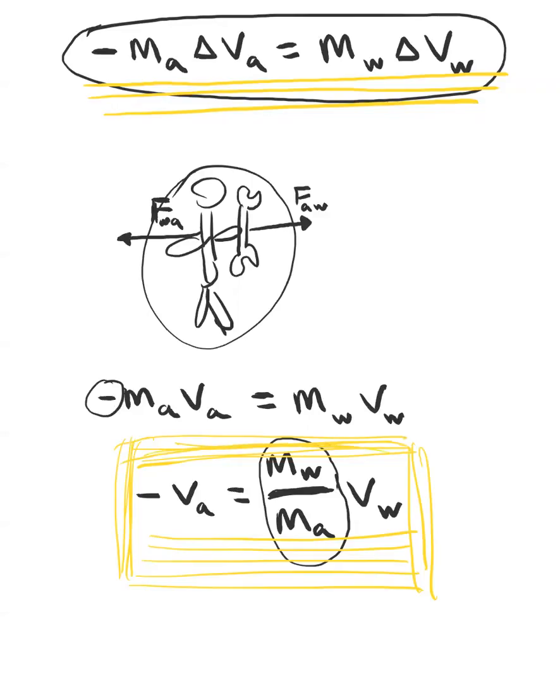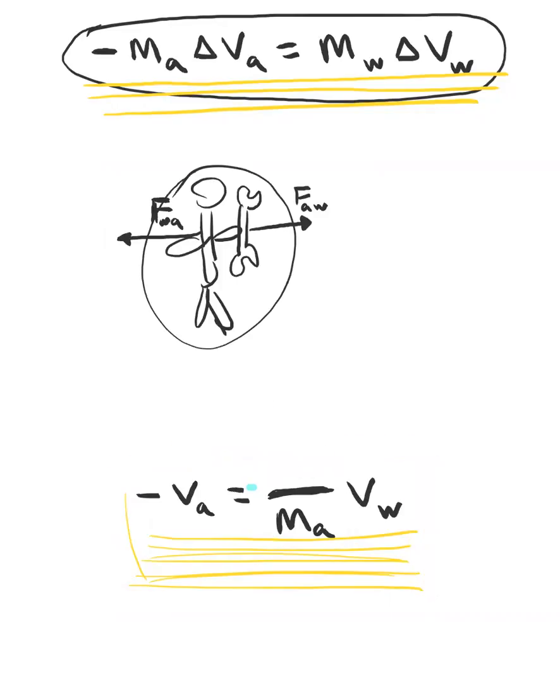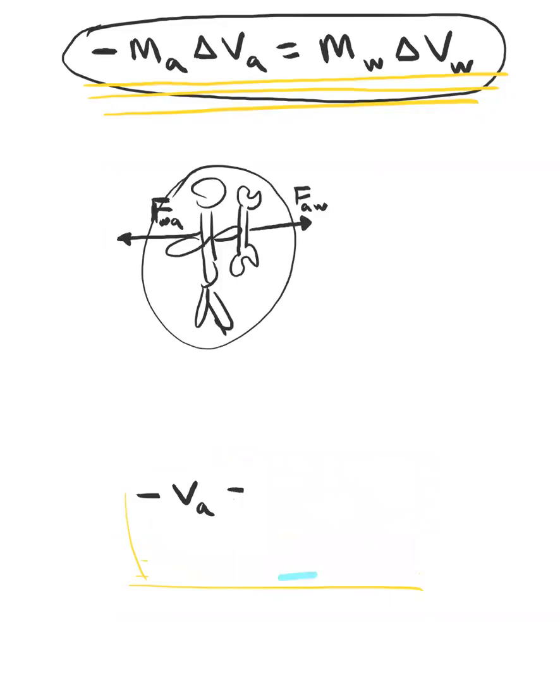And that's why this result is very, very important. This result is pretty general, and it works for any interaction and any force as long as the third law of Newton holds. There was also nothing special really about the astronaut or the wrench. Whatever we did, we could have done for any two objects. So this formula is, again, very general. It applies to any two objects that interact with each other.